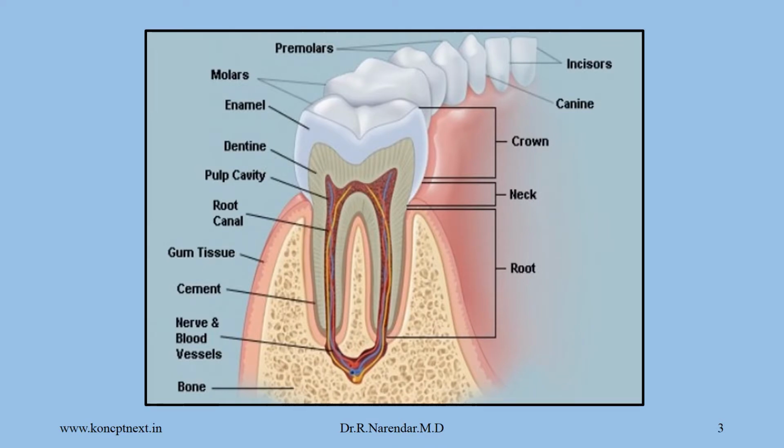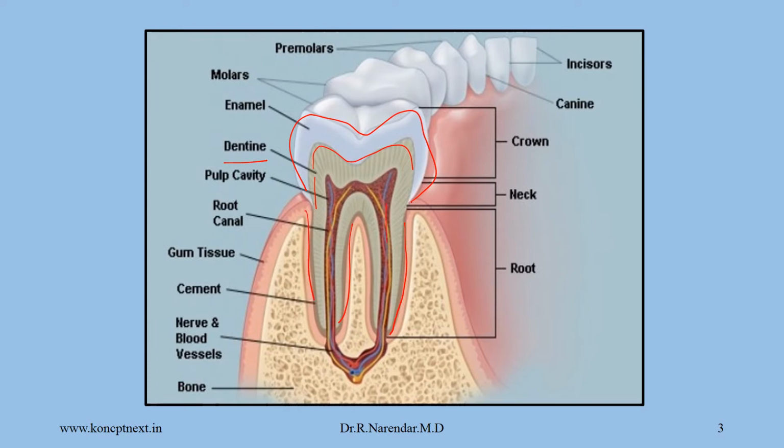Coming to the anatomy, the innermost part of the tooth is called as dentin. It is covered in the crown by a white part called as enamel, and in the root by a part called as cementum.